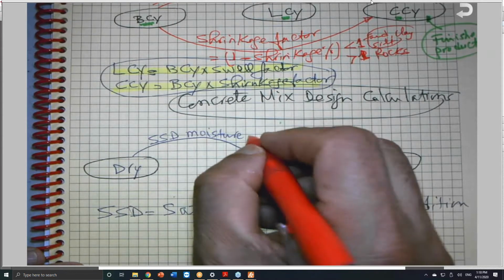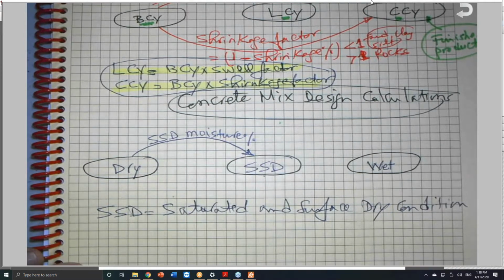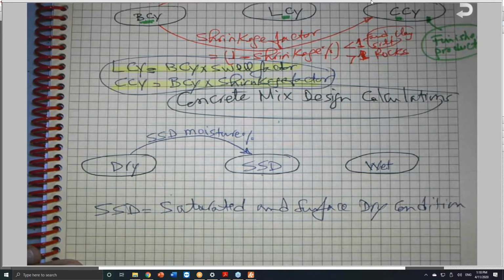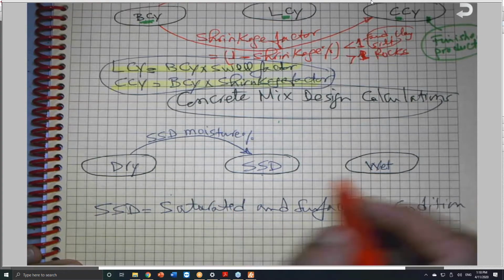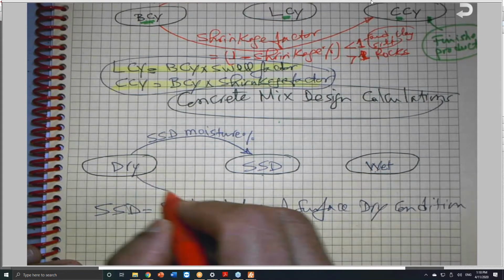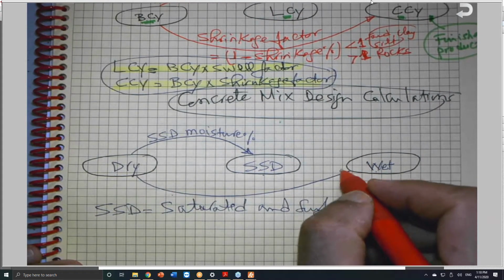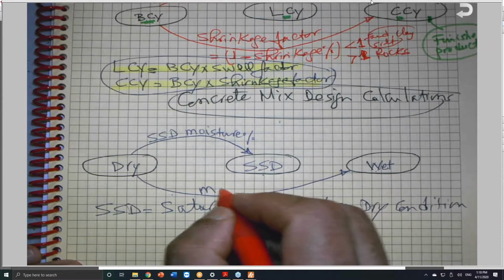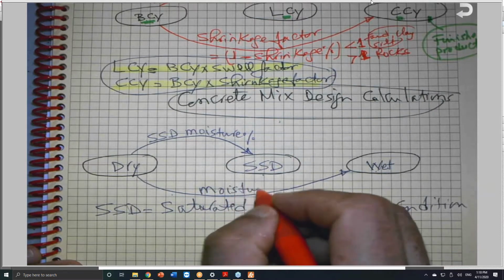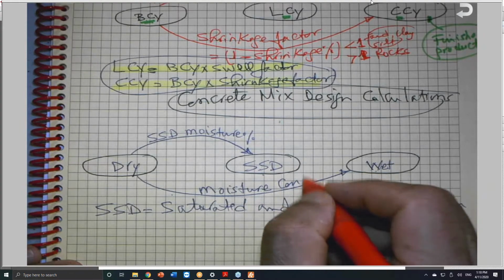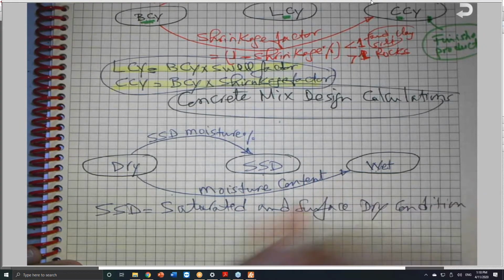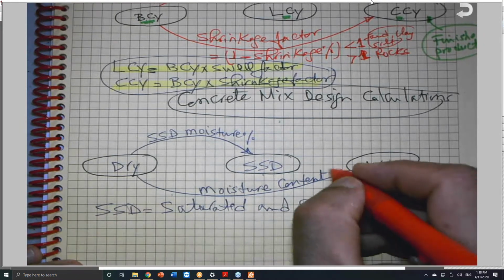Moisture percent or content. Percentage is fine. From dry to wet, we call it moisture content, which is also a percentage.